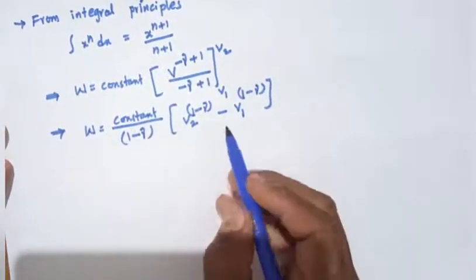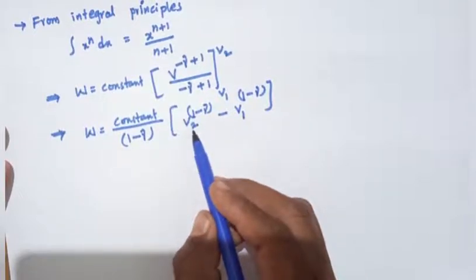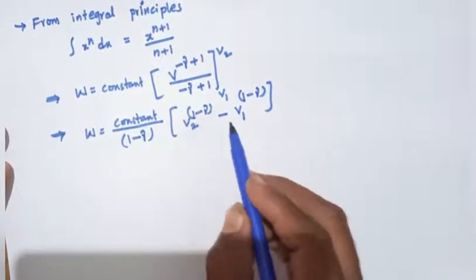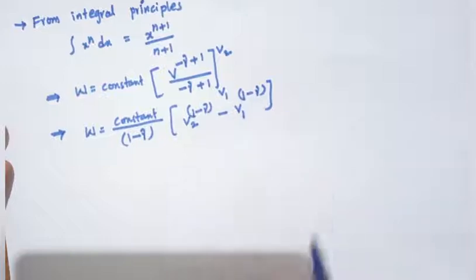Okay, so this equation is V2 power of 1 minus gamma into V1 power of 1 minus gamma.